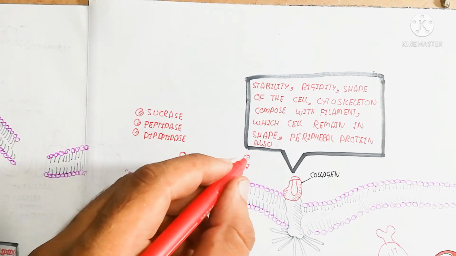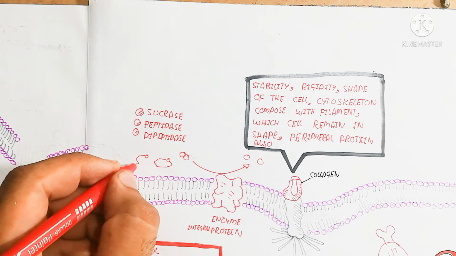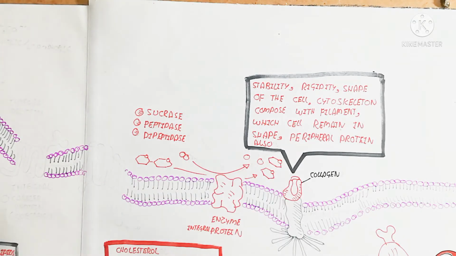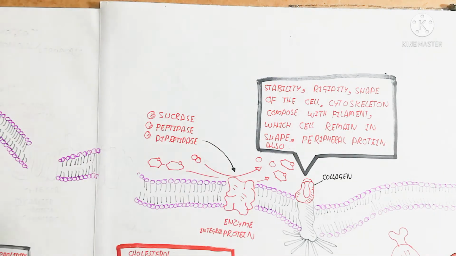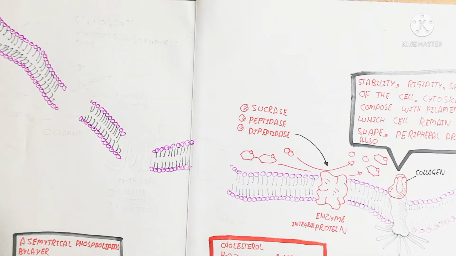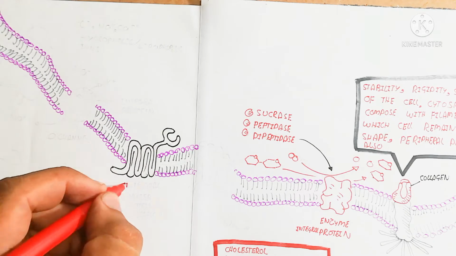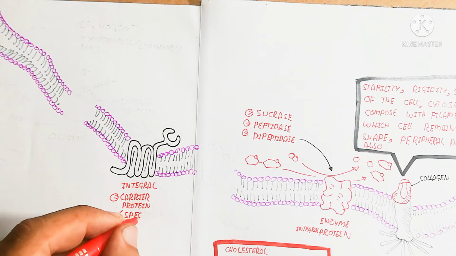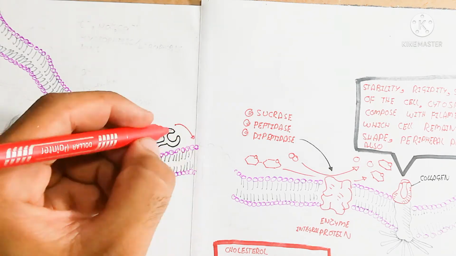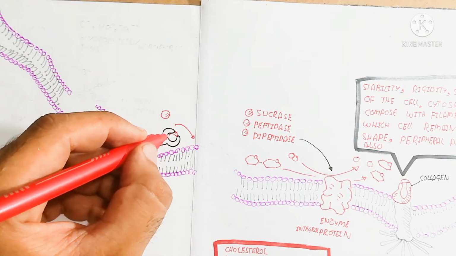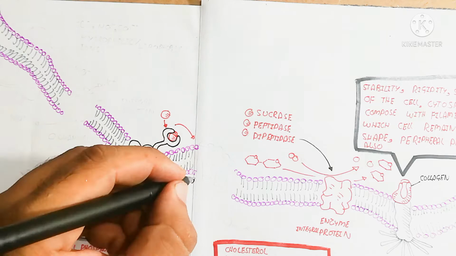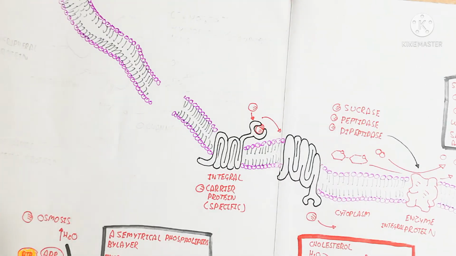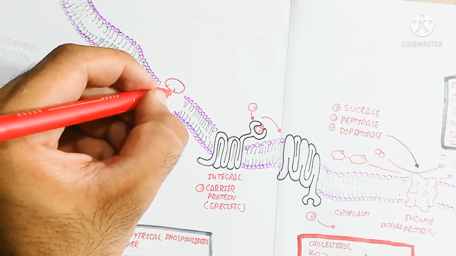On the other hand, enzyme-containing protein is also present. For example, enzyme-containing protein is present in the cell membrane of the digestive system, in the epithelial cell known as the enterocyte or brush border cell, which contains enzymes. These enzymes can be sucrase, peptidase, dipeptidase, which convert disaccharide into monosaccharide, and dipeptide into monopeptide.